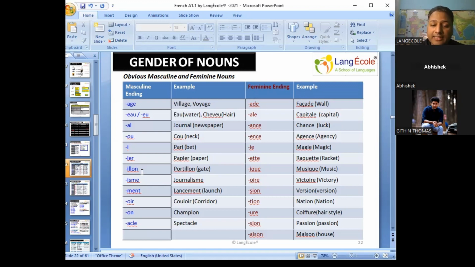ET, racket: if it is ending with only T, or E and T, then it will be masculine. But when it is double TE, double NE, all those are feminine. IQUE, music. So these are feminine, like victoire.